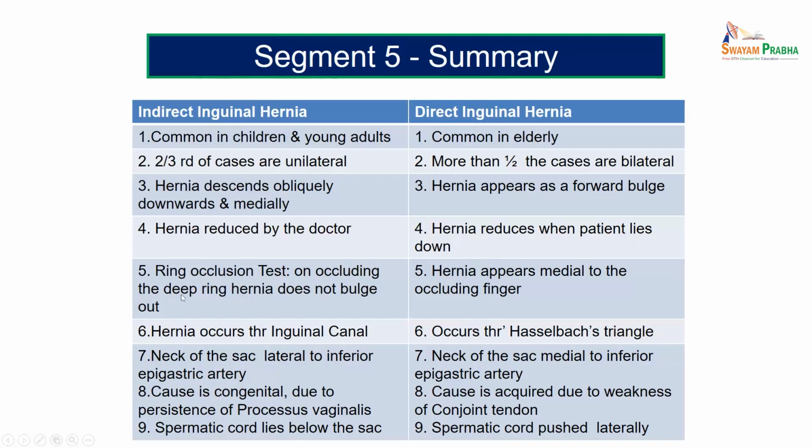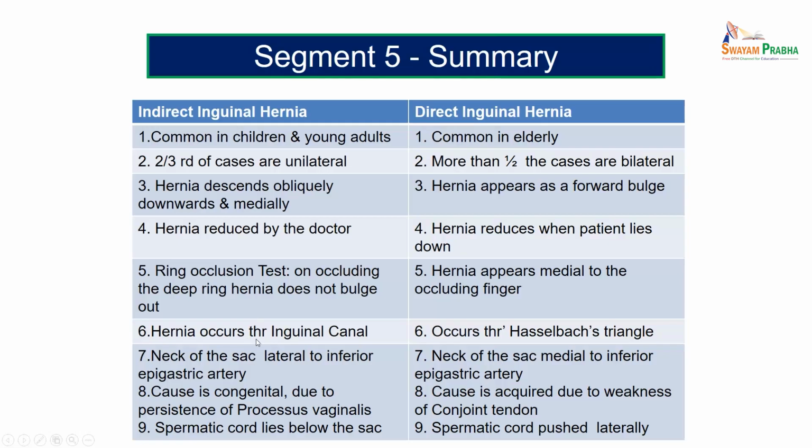On occluding the deep ring, if the hernia does not bulge out, it is indirect inguinal hernia. The neck of the sac of indirect inguinal hernia is lateral to the inferior epigastric artery, and in direct inguinal hernia, the neck of the sac is medial to the inferior epigastric artery.